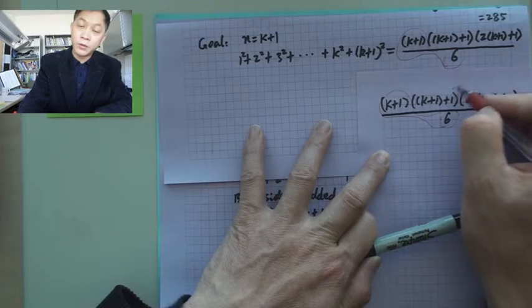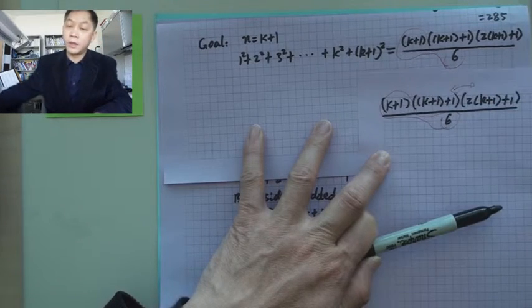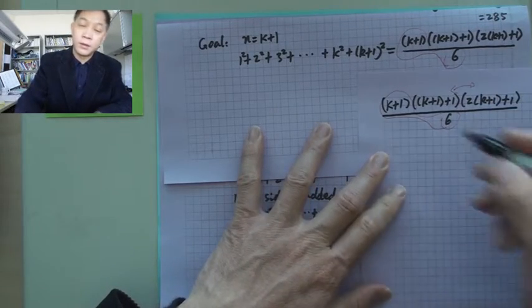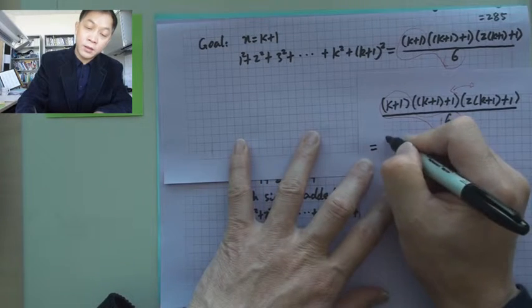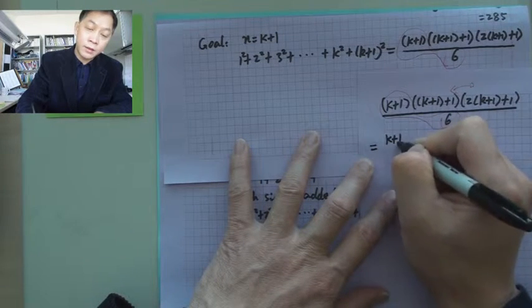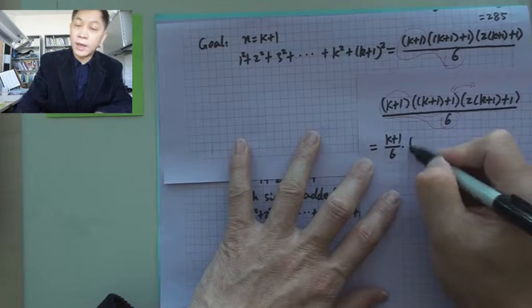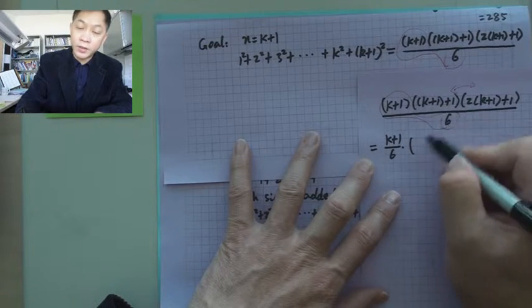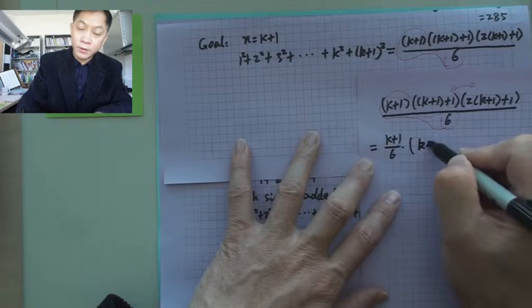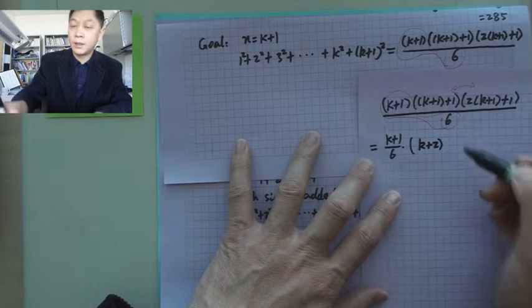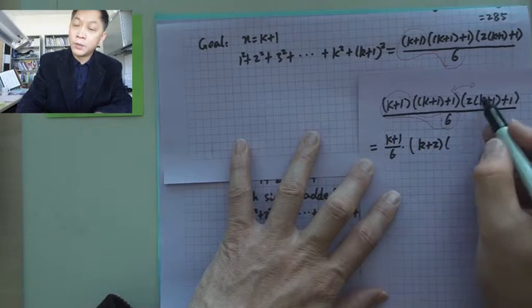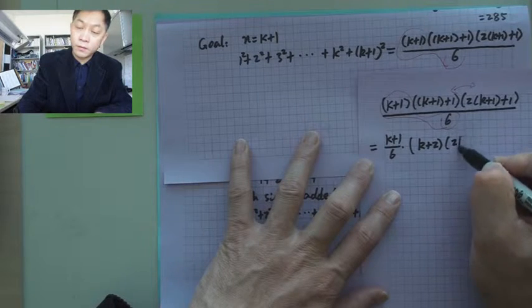We want to work on those two. Okay, now how? We keep k plus 1 over 6 up. And then inside here is k plus 1 plus 1, there's k plus 2. Okay, now 2k.